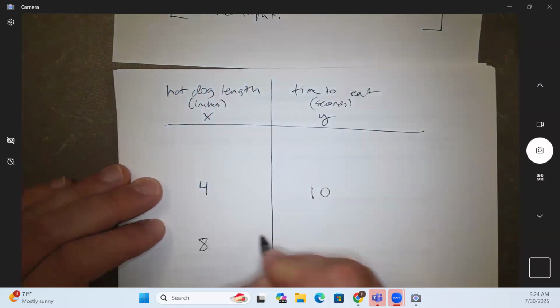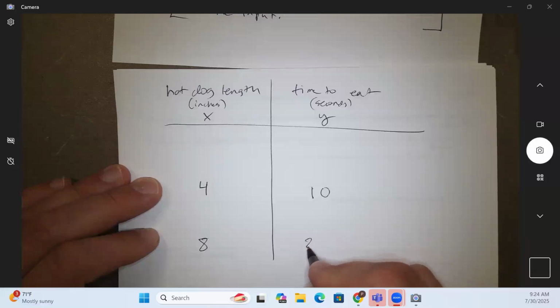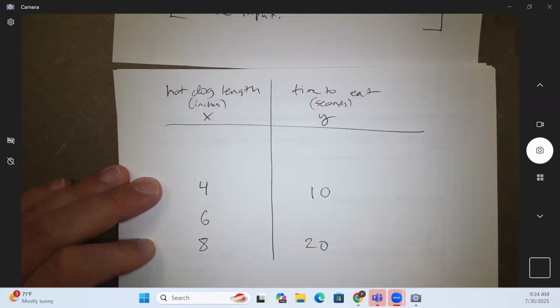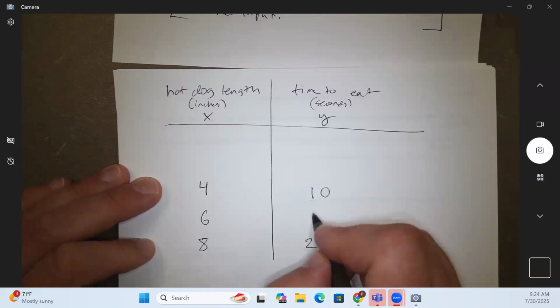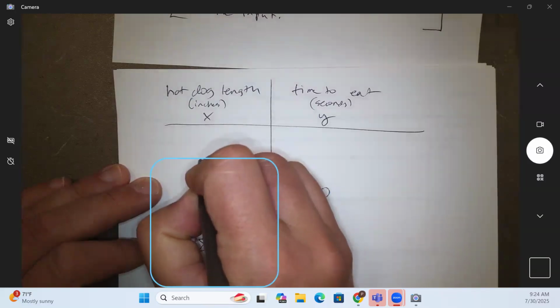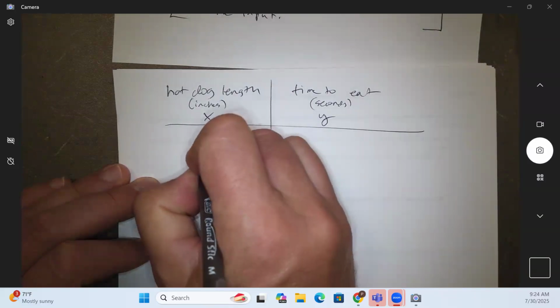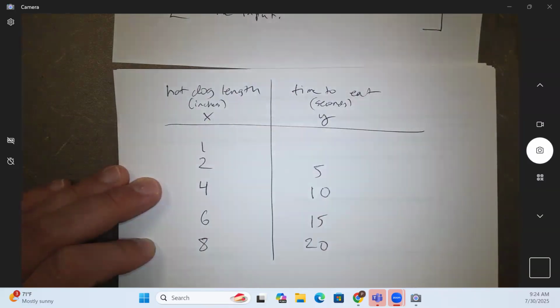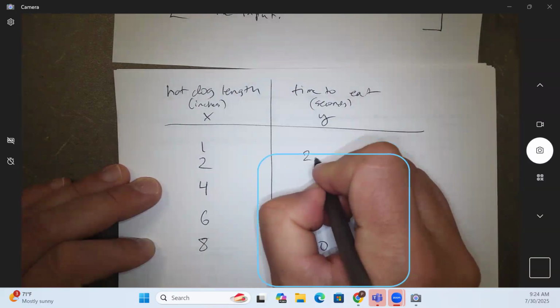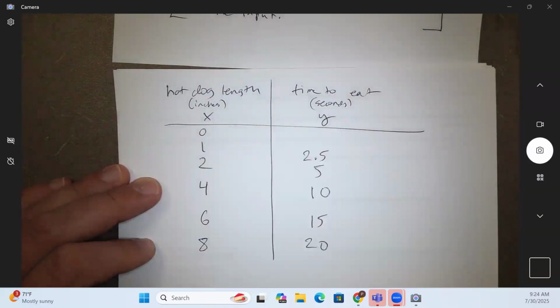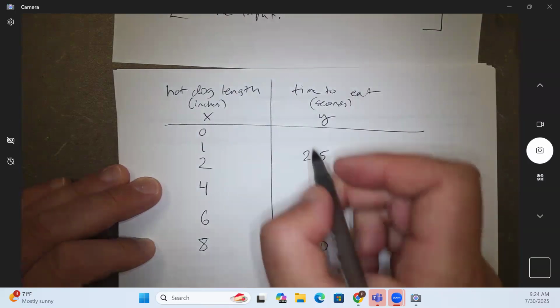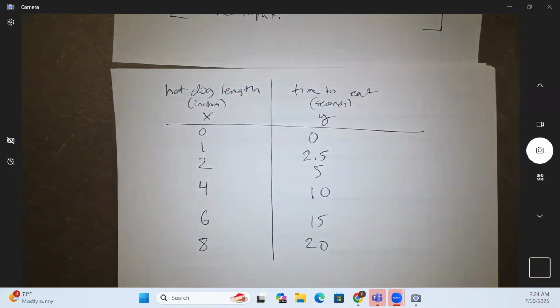An 8-inch hot dog takes how long? 20. How long would a 6-inch hot dog take? 15, exactly. How long would a 2-inch hot dog take? 5. How about a 1-inch hot dog? 2.5, right? And a hot dog at 0 length? Exactly. And that's not just mathematical, that's also logical.